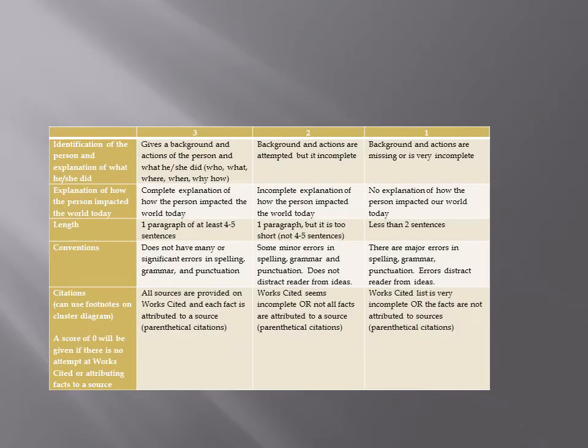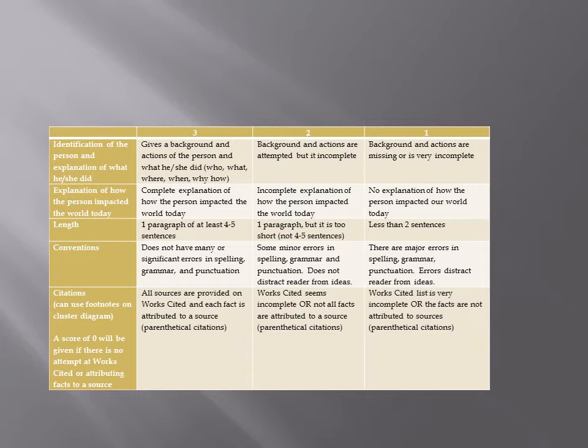Okay, so here is the rubric for the paragraph. You're getting points for identifying who the person is and explaining what they did. You're getting points for explaining how they impacted the world today. You're getting points for length. It needs to be one paragraph, at least 4 to 5 sentences. If it's longer than that, that's okay.